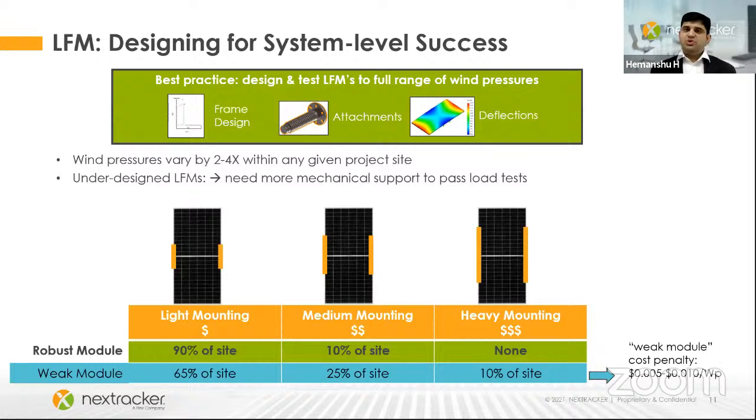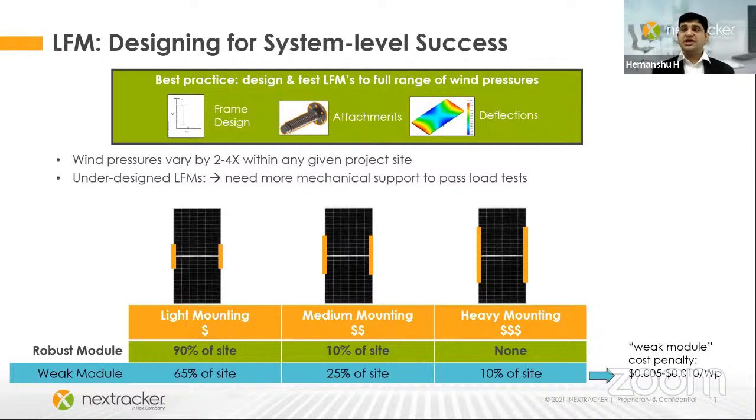One key aspect that we want to highlight from a tracker perspective is not just looking at the module and the tracker in silos, but looking at the overall synergies at a system level. For instance, when modules are selected, the pressures that the module will witness at a site will vary anywhere between 2 to 4x depending upon where the module is installed in the field.